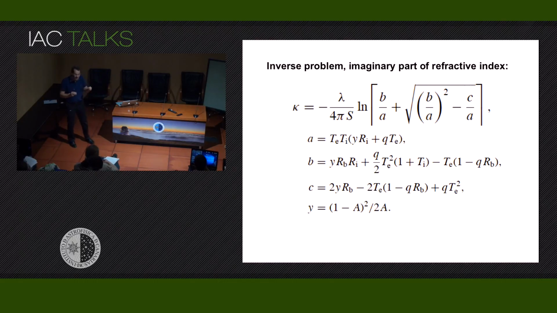And it turns out that, in my viewpoint, this is one of the biggest obstacles in going into quantitative modeling of spectra, that we don't really have the optical properties of materials.